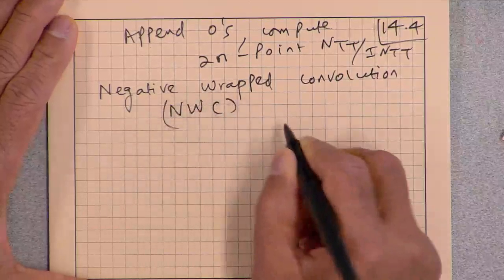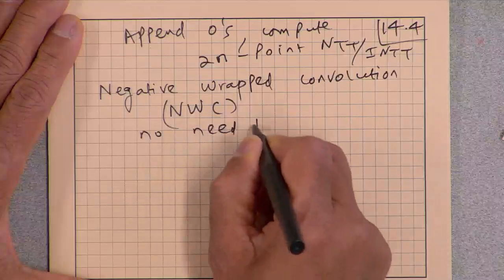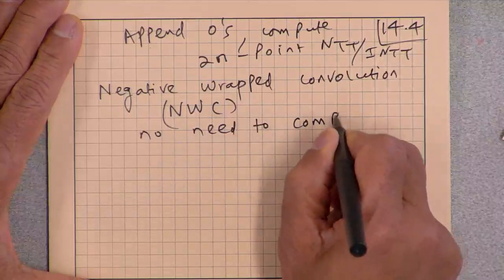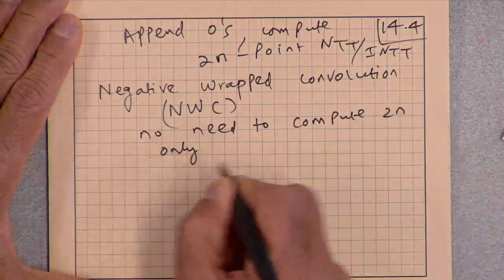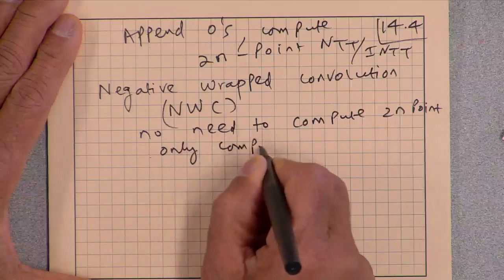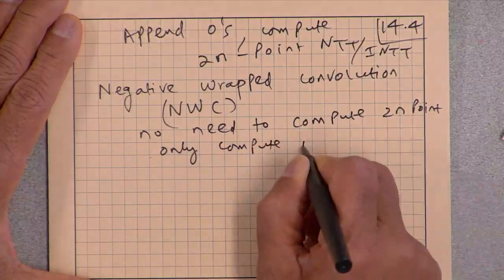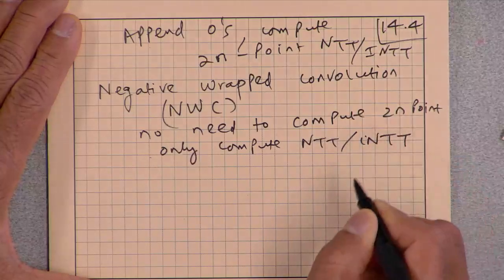Here there is no need to compute 2n-point anymore, because we will only compute n-point NTT and inverse NTT. That's what is called a negative wrapped convolution.